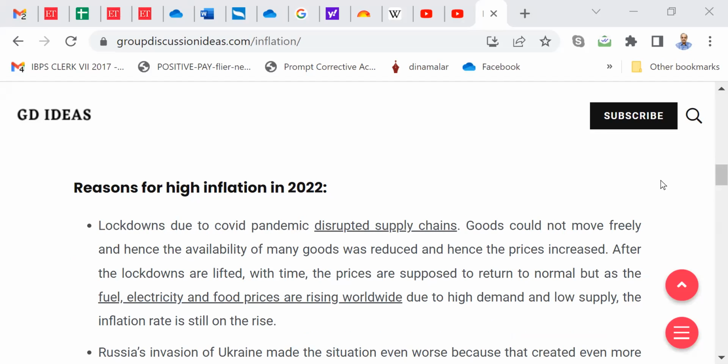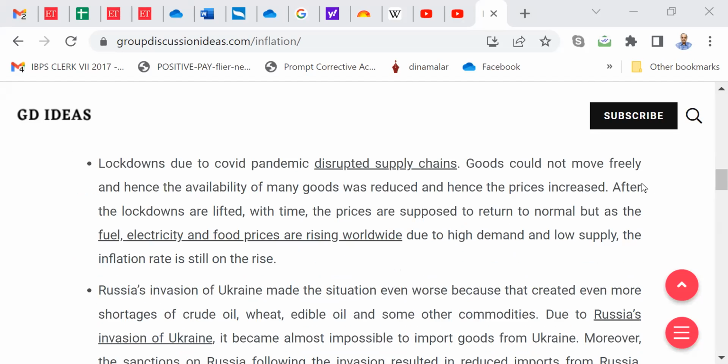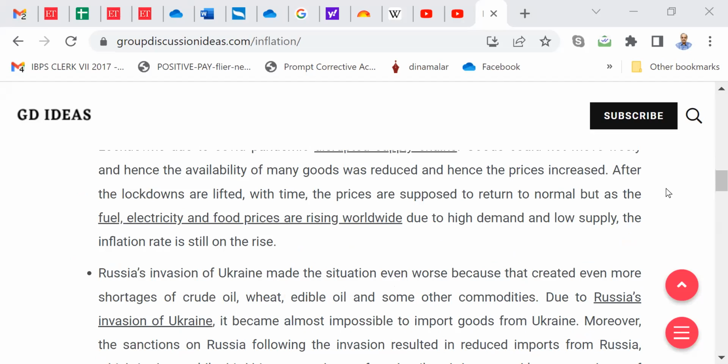Goods could not move freely, and hence the availability of many goods was reduced, and hence the prices increased. After the lockdowns are lifted, with time, the prices are supposed to return to normal, but as the fuel, electricity, and food prices are rising worldwide due to high demand and low supply, the inflation rate is still on the rise.